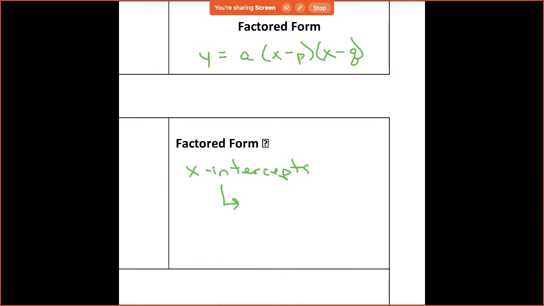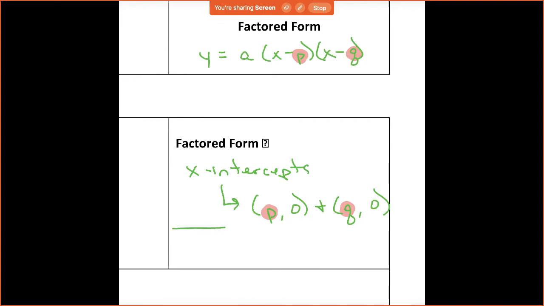It's where the graph, in this case the parabola, would cross the x-axis. Now, there aren't always two, but if there are, they would be given at the points (p, 0) and (q, 0). So, opposite of what's inside each of the parentheses would then be your x-intercepts.